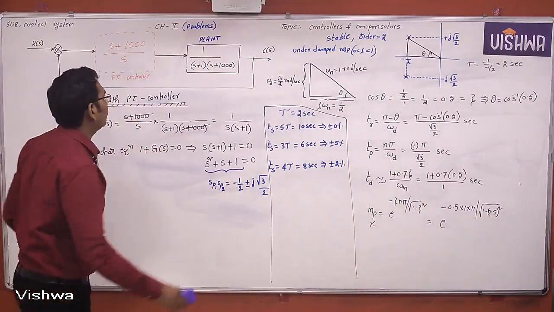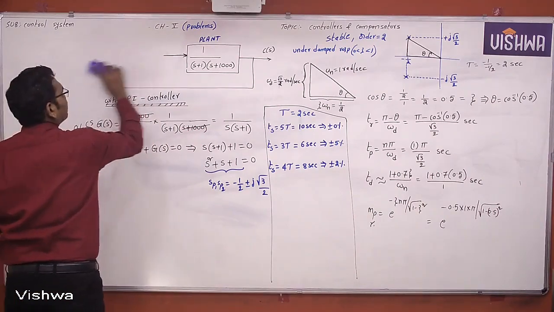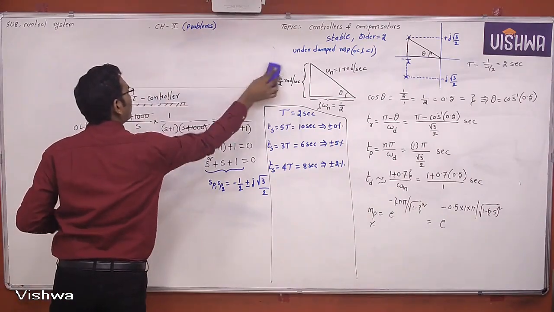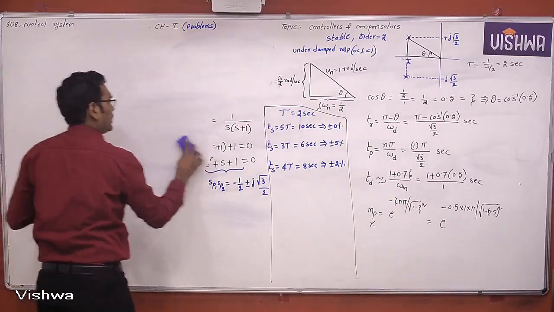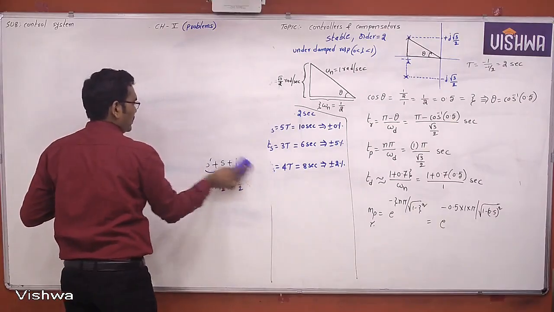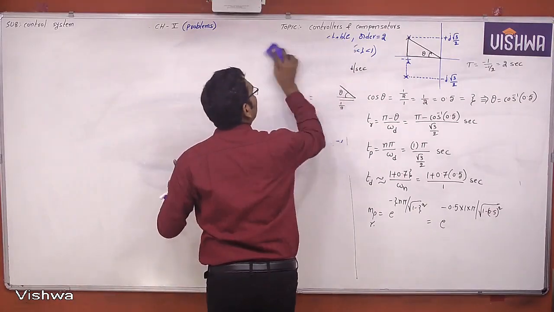Okay, so this is the controllers topic, which is very useful, and n number of objective questions you can form from this particular controllers topic, and which is very useful in all the competitive examinations, including the GATE examination.